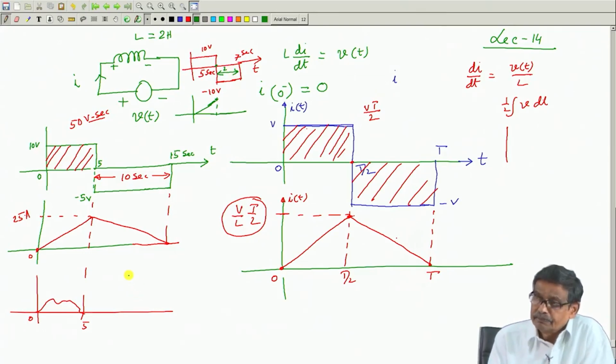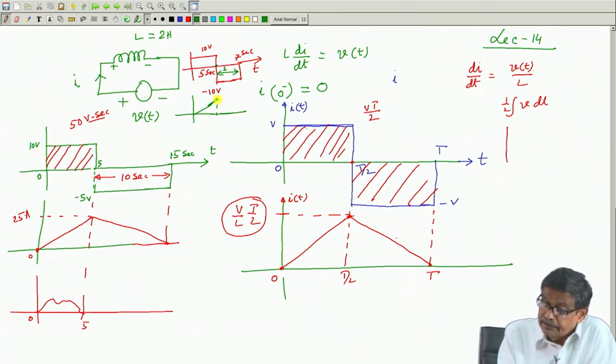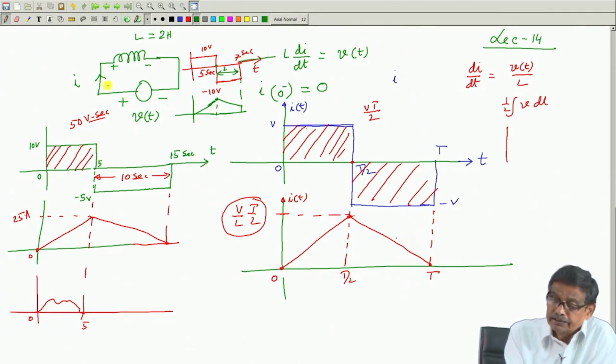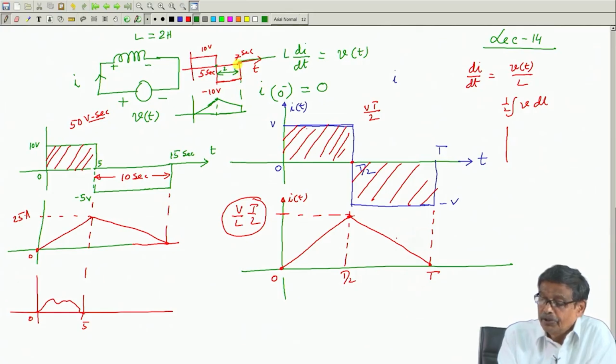Minus 20. Therefore, current after this will not reach 0, and after that you have not applied any voltage. What does that mean? The inductor voltage between these 2 points is 0. That means the inductor is shorted beyond t equal to say 7 seconds.